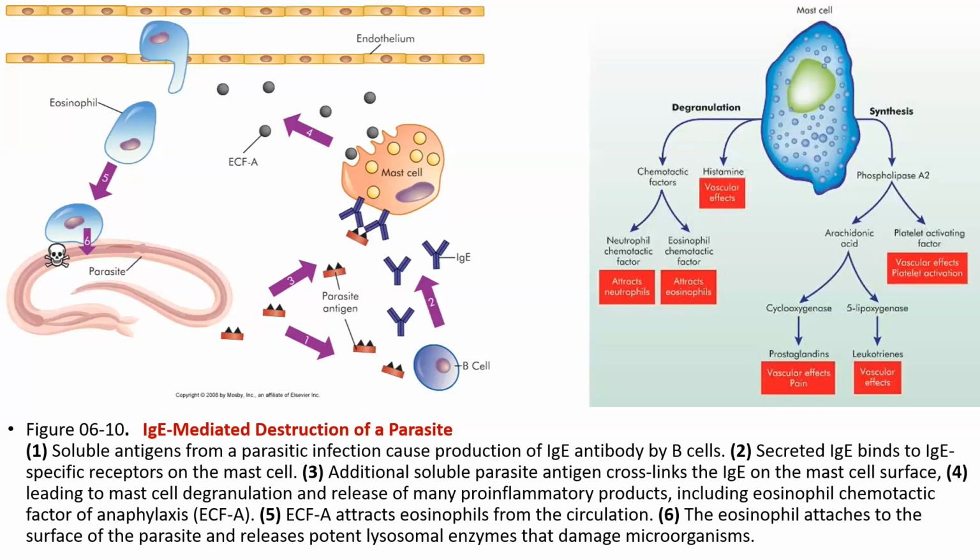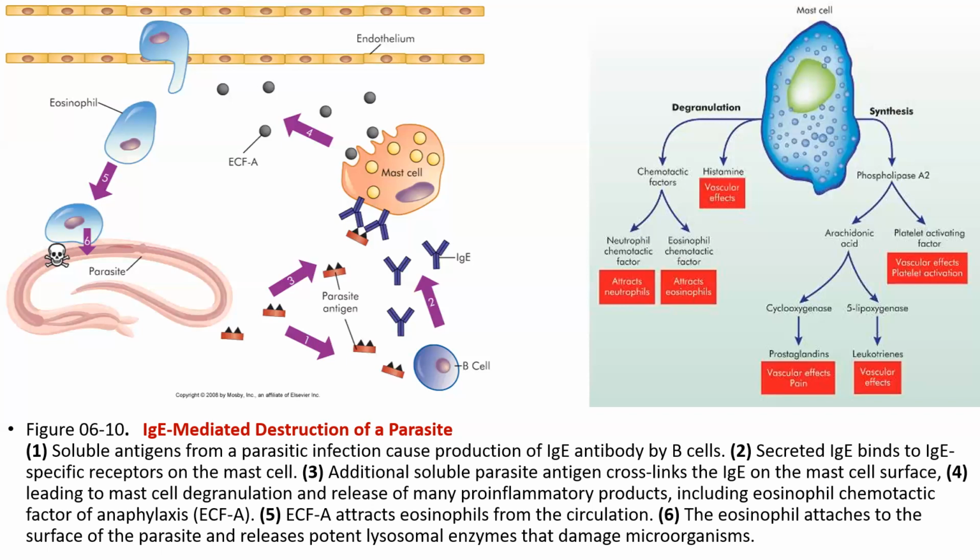The B lymphocytes, or B cells, have the ability to produce the immunoglobulins, the antibodies. So when the parasite activates the B cells, they will produce immunoglobulin type E, IgE antibodies.